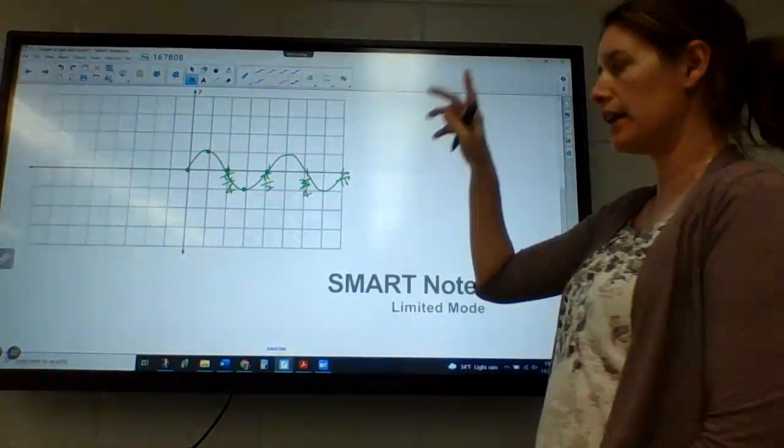Our amplitude though, so normally cosine would start at 1 and end at 1. Except the amplitude is what? 4. But notice the negative as well. So rather than starting at +1 or +4, where should it really start?